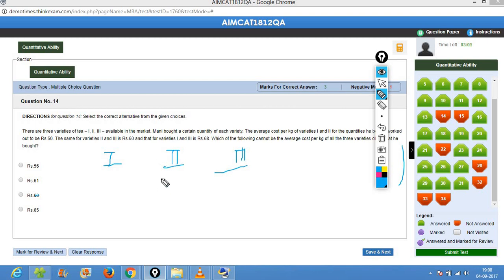Okay. Let's see. Price. Assume A, B, C are the quantities. Suppose capital A, capital B, capital C. So first part, it comes out to be A plus B upon A plus B is equal to 50.